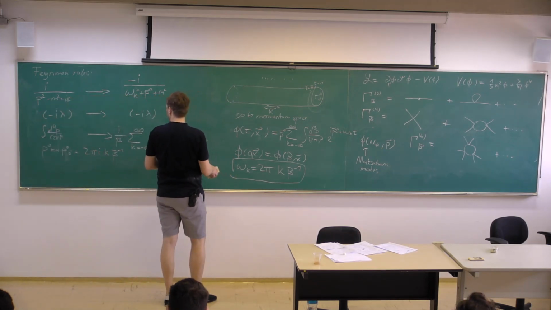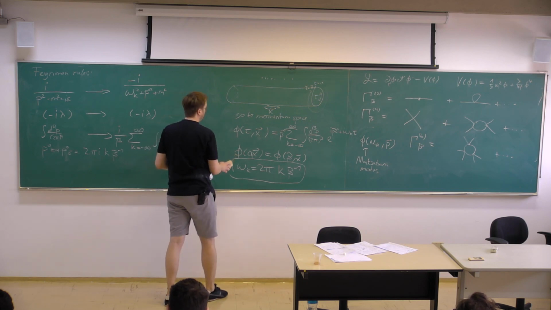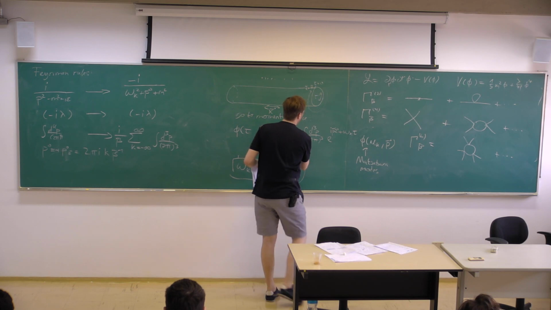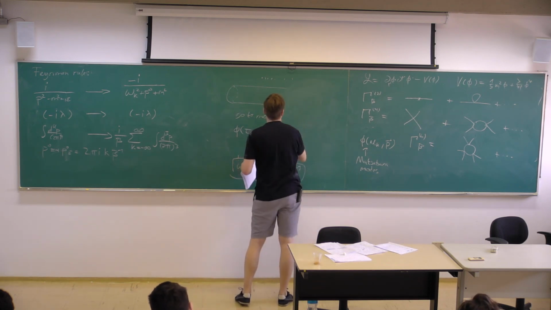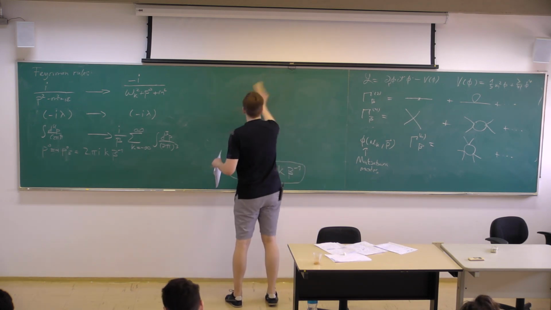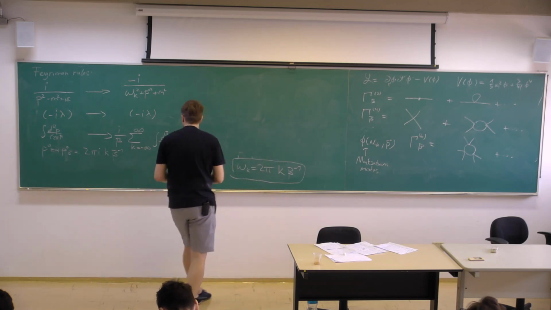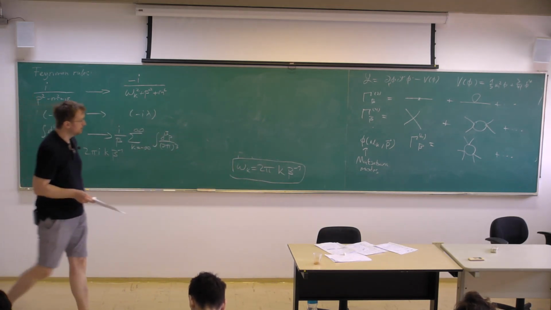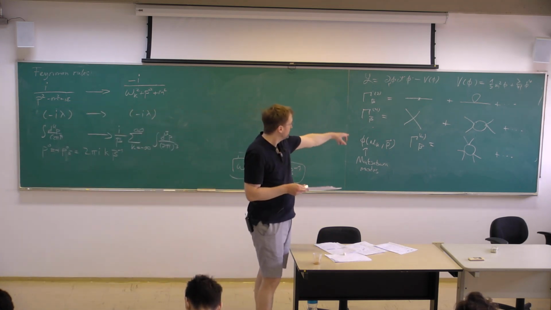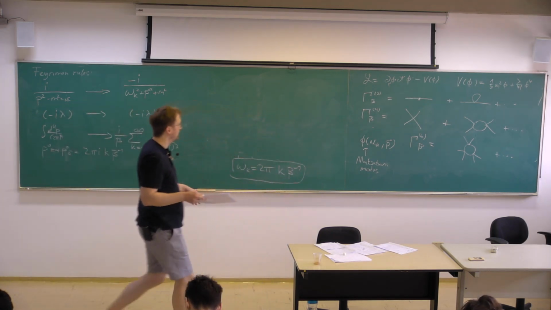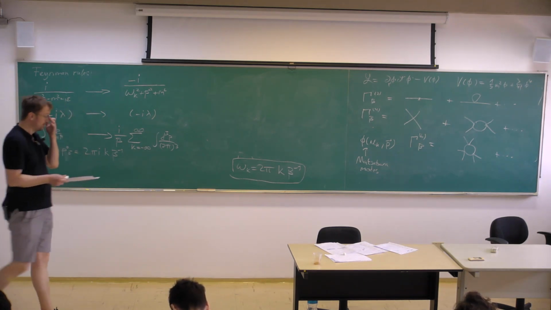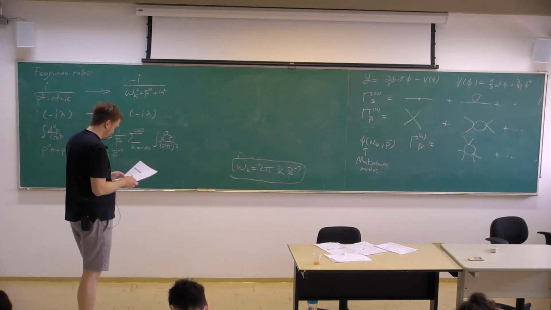Okay, so this is the main intermediate result: we again calculate the effective potential by summing up these 1PI graphs, but now we have this new set of Feynman rules, because that's what happens at finite temperature.